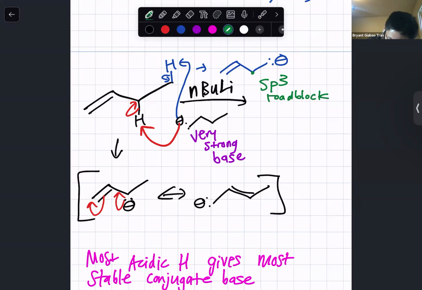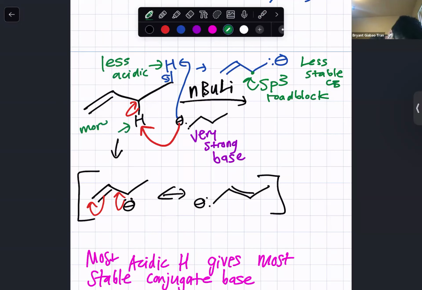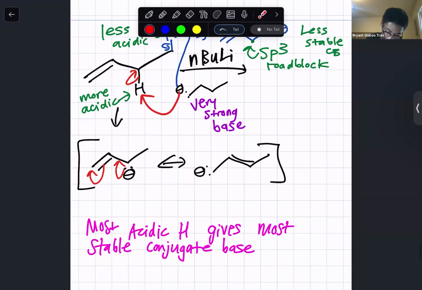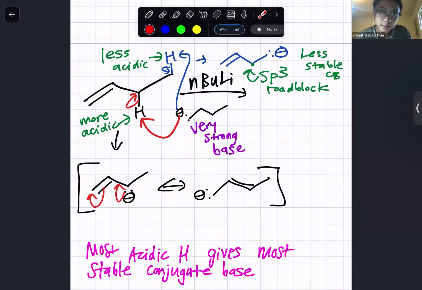It's too far away from the double bond. Since it cannot do resonance, it is a less stable conjugate base, meaning that this is less acidic and this is more acidic, because more acidic hydrogens give more stable conjugate bases.